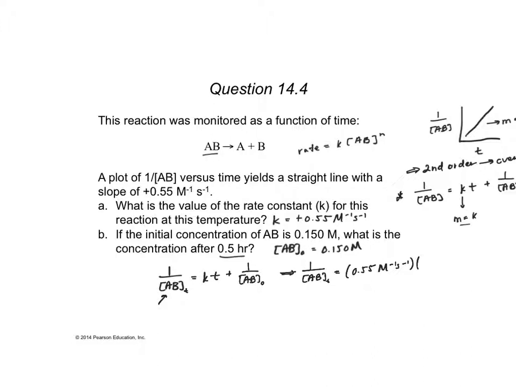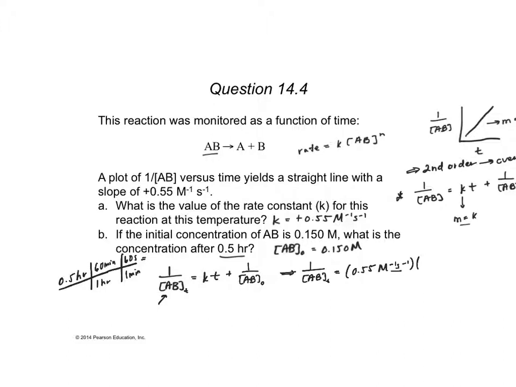Now the problem here is that T is in 0.5 hours, right? I'd mentioned this on the example. Our units here are in seconds, so we need to convert 0.5 hours to seconds. For every 1 hour, there are 60 minutes, and in every 1 minute, there are 60 seconds.